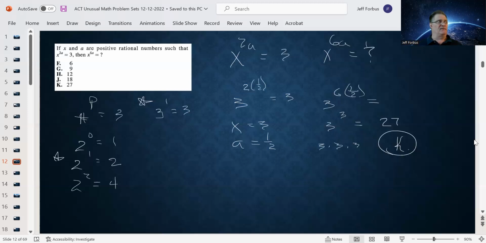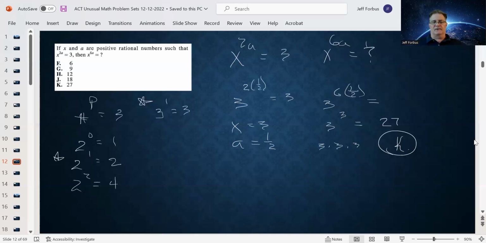If you can get about, I forget how many it is. Let me see. I don't have it here. If you get the first 30 correct, then you need somewhere around 15 or 16 more to get a math score up into the upper 20s, say around 27, 28.